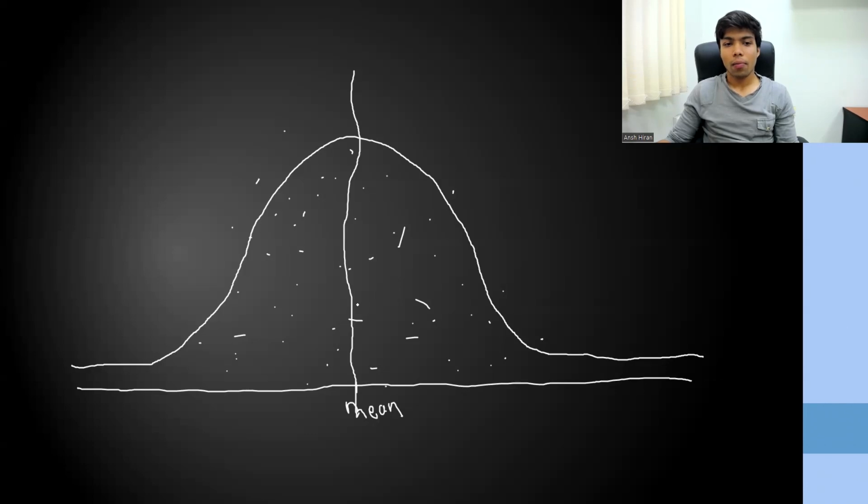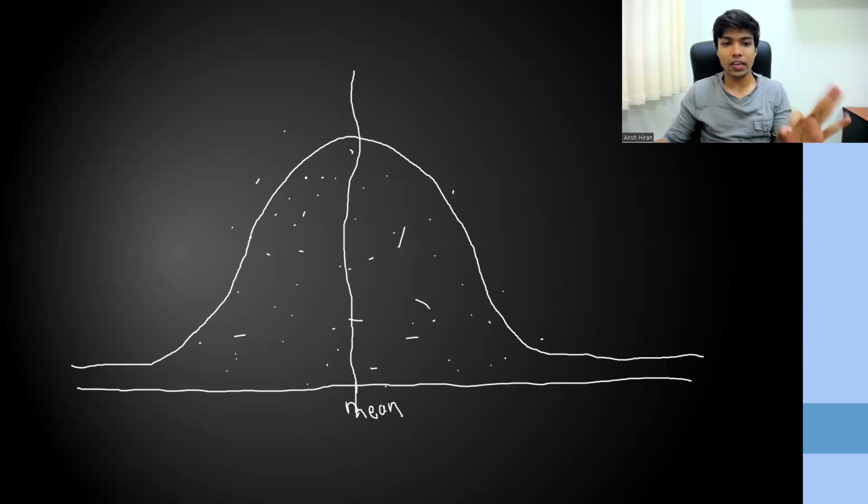Now this is the average line, but can you see all these data points that we have gathered? They are a little bit away from this average, and this distance from the average is called deviation from the average. How deviated your observation is from the average, that's called standard deviation.